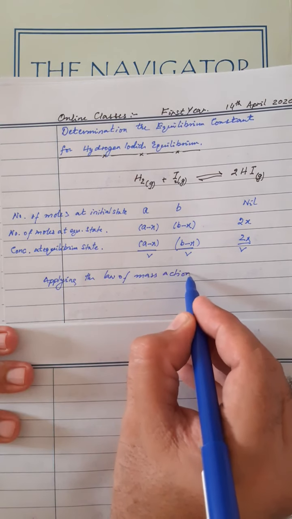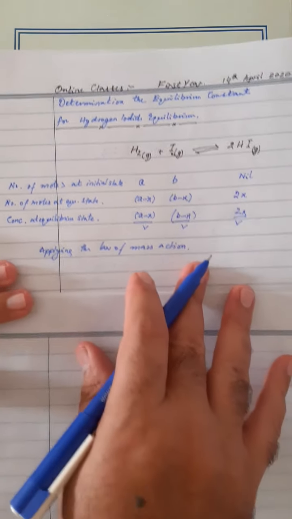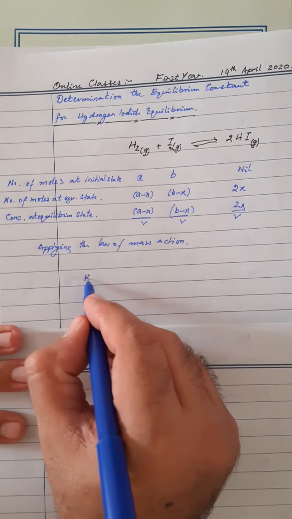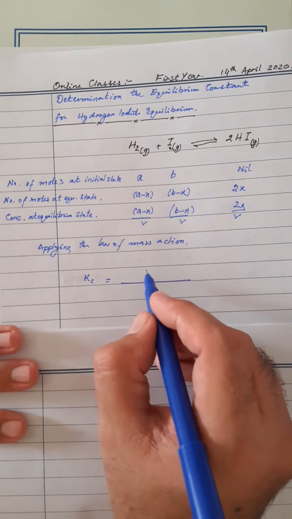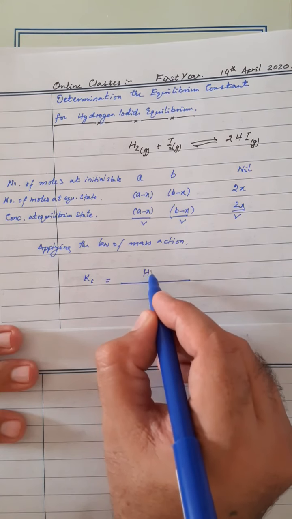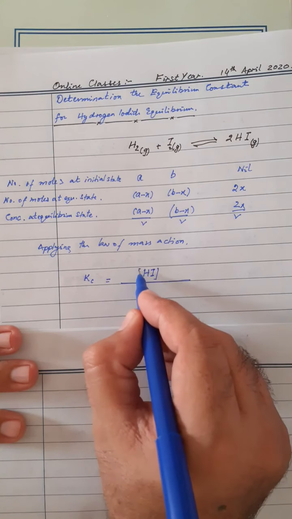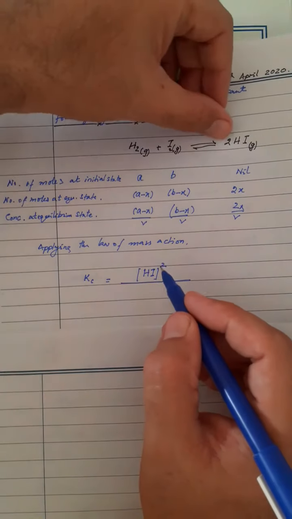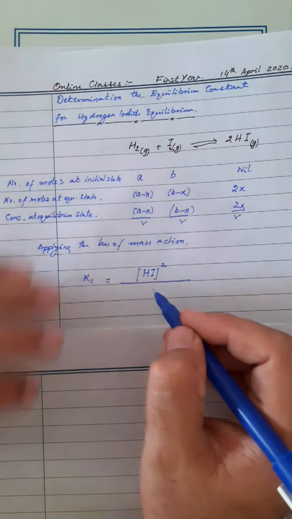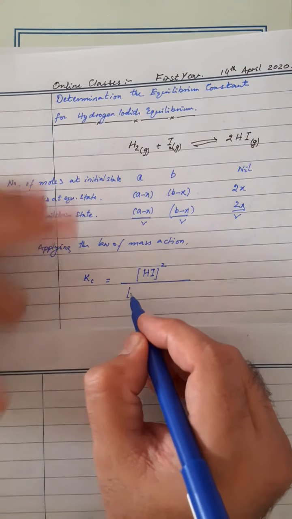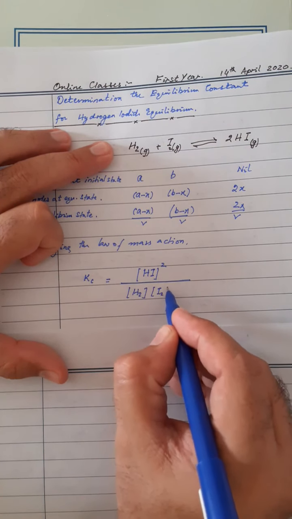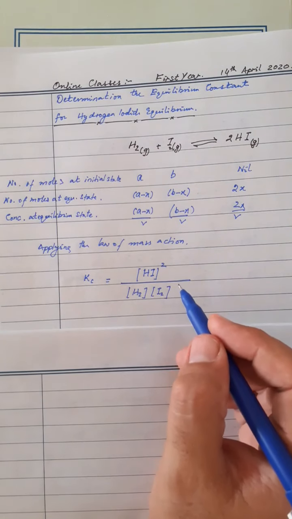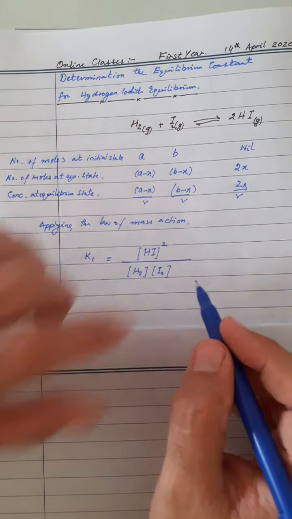For Kc, we put the product as numerator, which in this case is hydrogen iodide. Since there are 2 HI, there is HI to the power 2, and in the denominator you have only H2 and I2. Now we replace these with our numerical values.